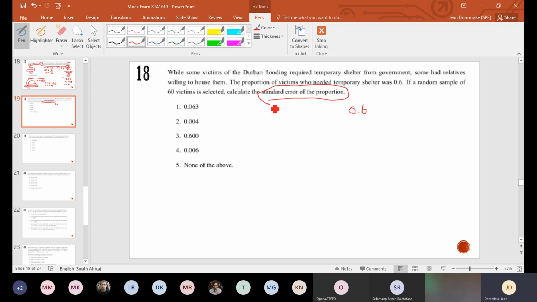Okay, standard error of proportion. Let's see if that part is in your tables. I'm also going to my notes that I've made somewhere, because I can't remember all of these formulas. So let's quickly check standard error of proportion.